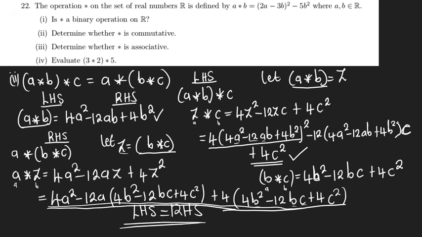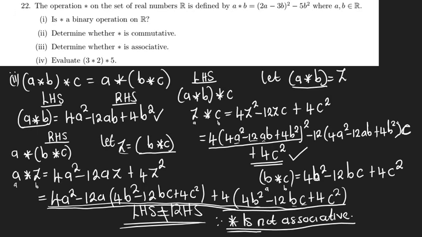Hence, left-hand side is not equal to the right-hand side. They will give you different answers. So, in conclusion, star is not associative. That is how you prove associativity under binary operations.